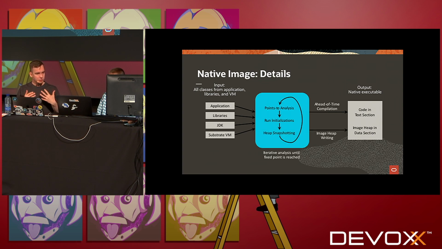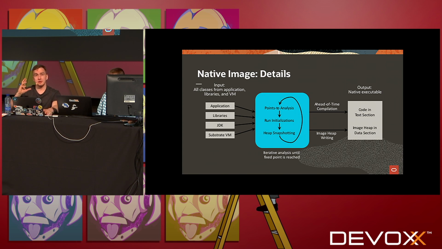And if we want a little bit more detail about what is happening during the analysis, this is what it is. We look at the classes and figure out which classes use other classes, for example when you write new A, call method B, that uses a class from Guava or something. We run the initialization of those classes, because they need to be initialized.